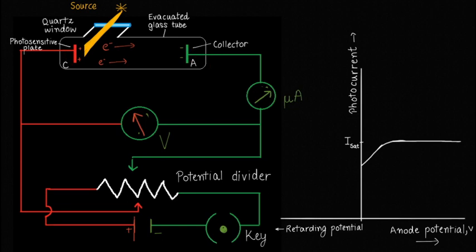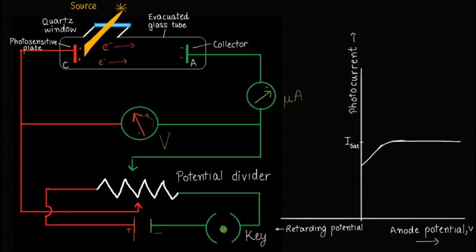But since the light is falling on this plate, the intensity is falling on the plate, the energy gathered by the electrons of this photosensitive plate, these electrons, they still have some more energy as compared to your potential. They still have slightly higher energy to overcome this potential.